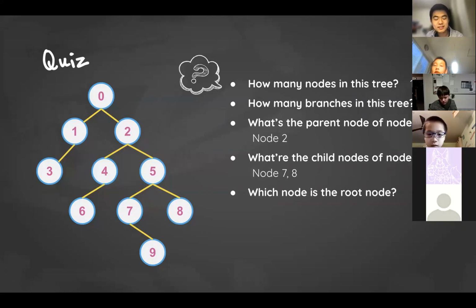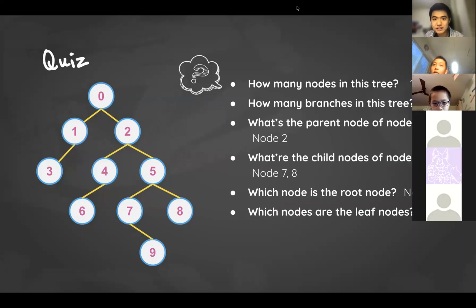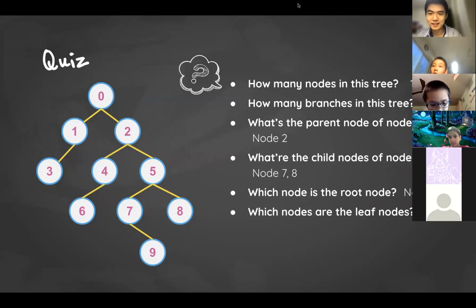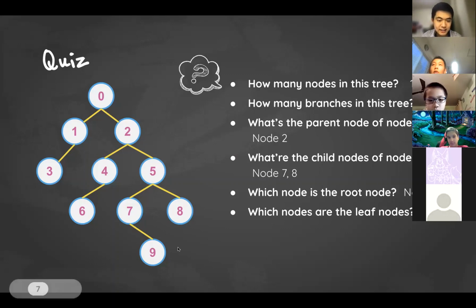Now, which node is a root node? 0, exactly. And which nodes are the leaf nodes? 3, 6, 8, 9. Exactly. It wouldn't just be 6 and 9.